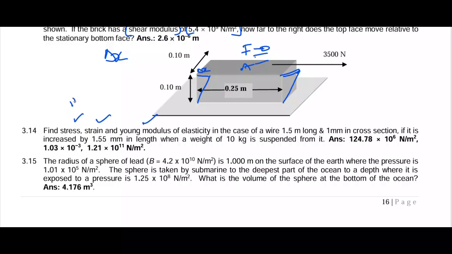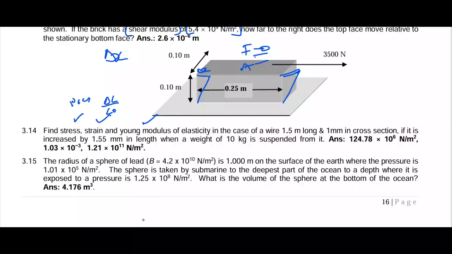Stress is pressure, and strain is the change in length divided by the initial or original length. And the Young modulus, as you know, you managed to find, is also related to the pressure.